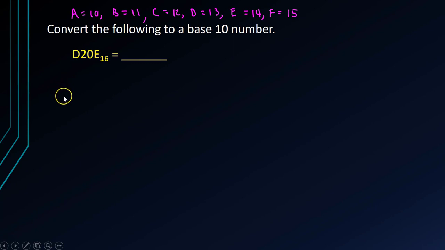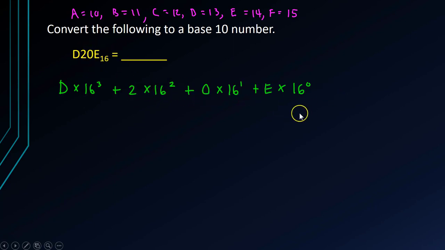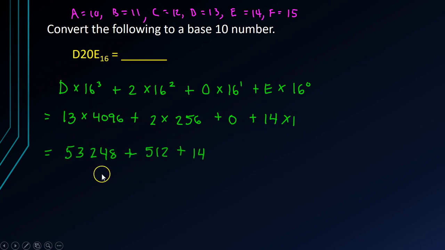So I'm going to have D times 16 cubed, where D is 13, plus 2 times 16 squared, plus 0 times 16 to the first, plus E times 16 to the 0. Again, D is 13 and E is 14, so I have these products being added together, and when I sum that up, I get 53,774. Let's try one more.